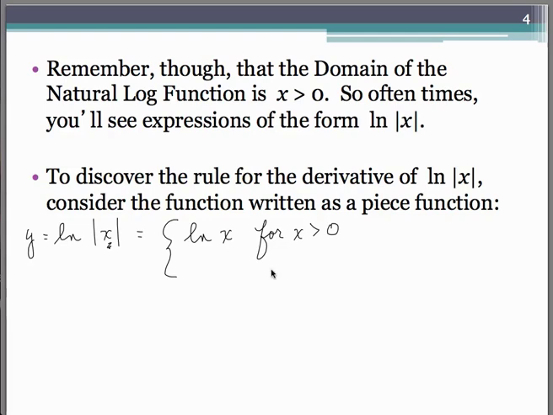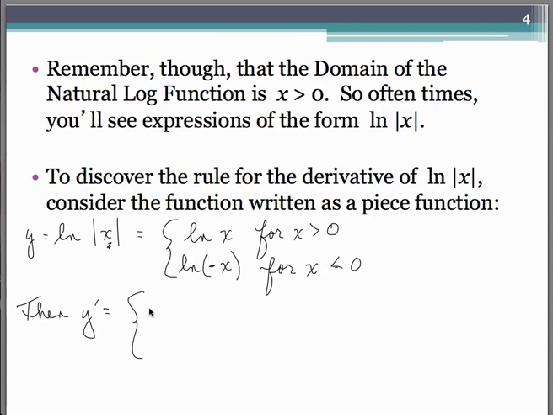So in those cases in which our x's are less than 0, then we really need to be doing natural log of the opposite of x. Remember that by definition, you cannot do natural log of 0, so that's why none of these conditions are or equal to. So let's go ahead and take the derivative of that piecewise function using the rules we just learned.